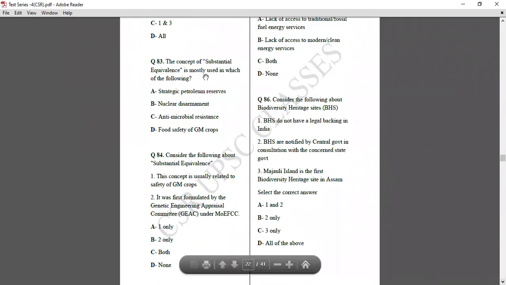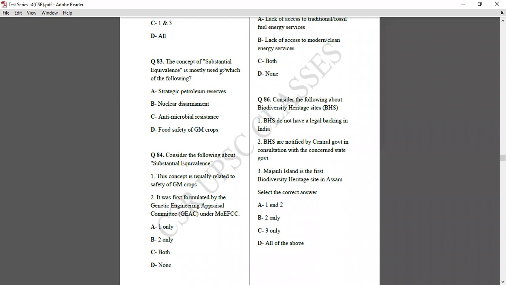The concept of substantial equivalence is mostly used in which of the following? Is it strategic petroleum reserves, nuclear disarmament, antimicrobial resistance, or food safety of genetically modified crops? Substantial equivalence is a term you'll mostly see in newspapers and current affairs.